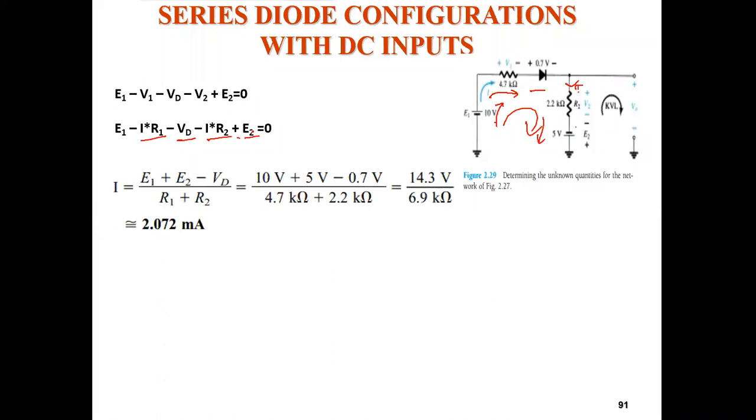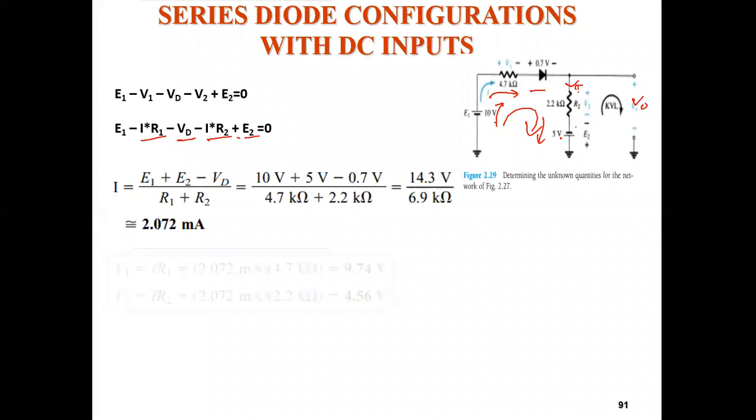After getting I, when you calculate V0 you have to calculate it properly. You cannot directly say V0 equal to I into R2. We have another battery E2, the 5-volt battery, which should also be taken care of.